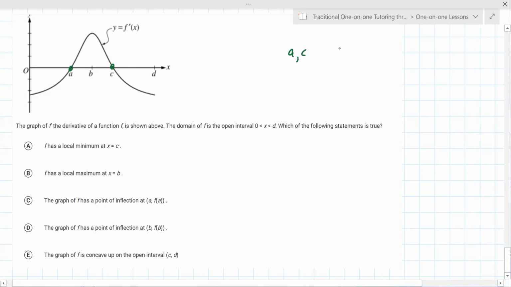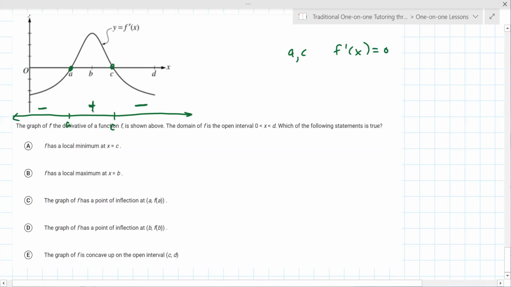A and C are where f prime of x equals 0. If you were to convert this to a sign chart, which is what I would actually have you do, at A and C the derivative is negative, then positive, then negative. So that means at A, the original function is coming down and then going back up. That's a min.